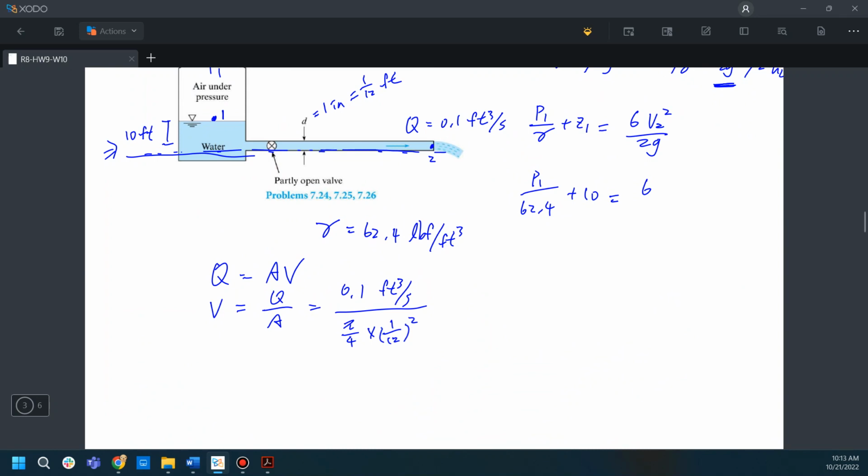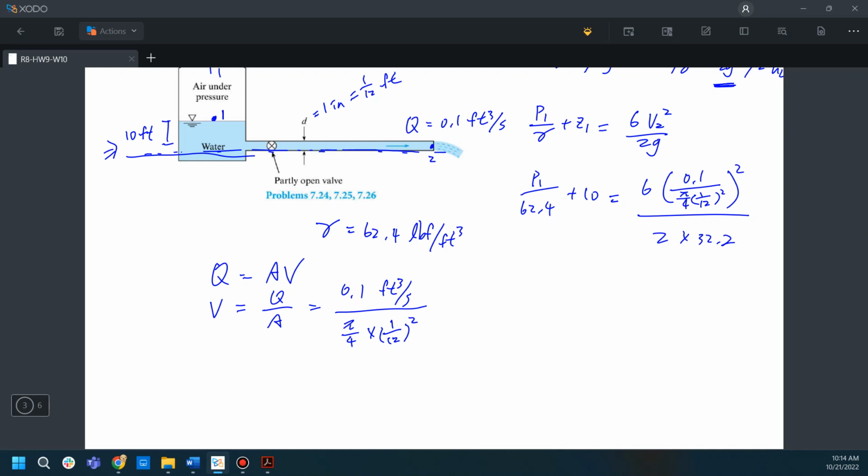You plug this term back to here, 0.1 divided by (pi over 4 times (1 over 12) squared), divided by 2g, and g is 32.2 feet per square second.